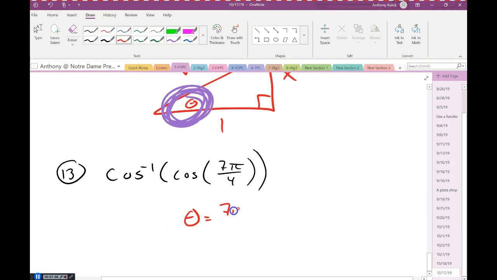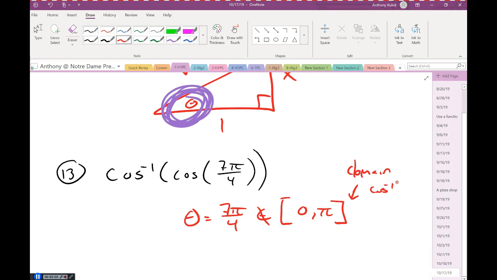Our angle is 7 pi over 4. The issue is that this is not inside of the domain for cosine inverse. So one way I could do this would be adding or subtracting 2 pi from this. What's going to be the issue, though?